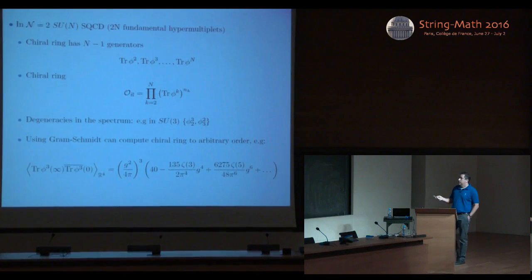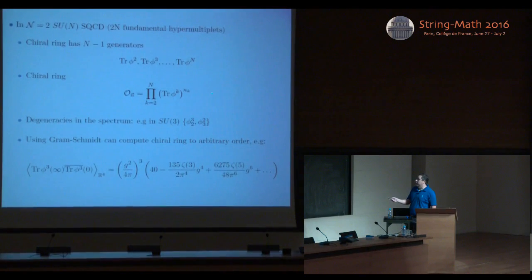Essentially, there is one generator for each Casimir of SU(N), so trace phi squared up to trace phi to the N. Therefore, any element in the chiral ring can be written as an arbitrary polynomial of the generators. So you can label every operator by a set of integers.